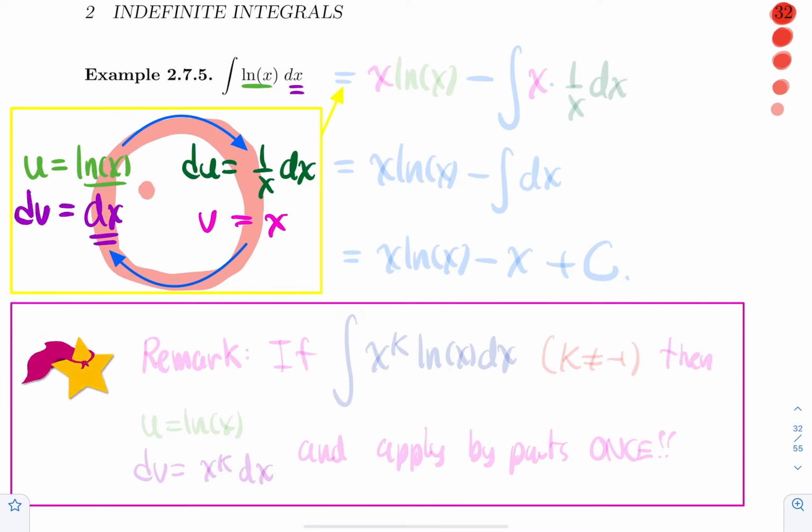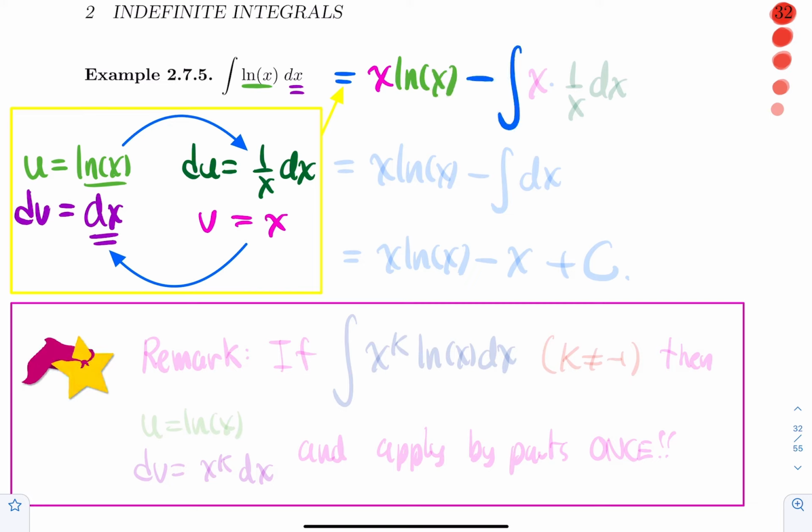Now I apply my formula, uv minus the integral of v du. uv is ln of x times x, but I like to write the x first. So it's x ln of x minus the integral of x times 1 over x dx.